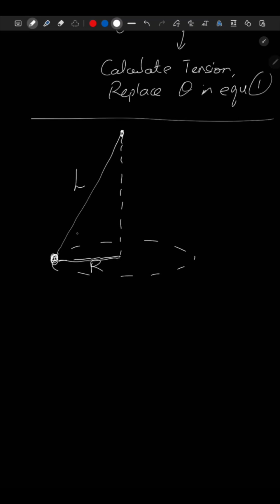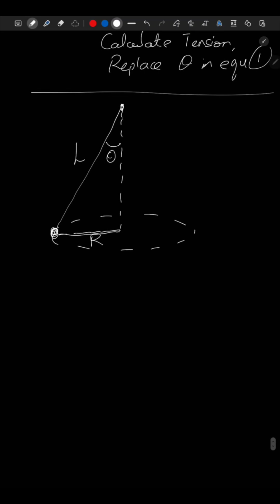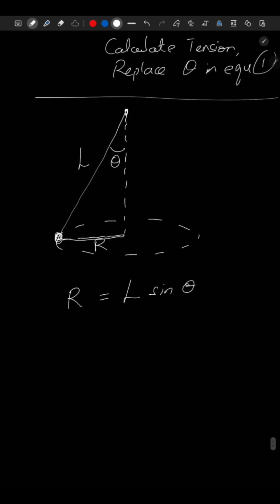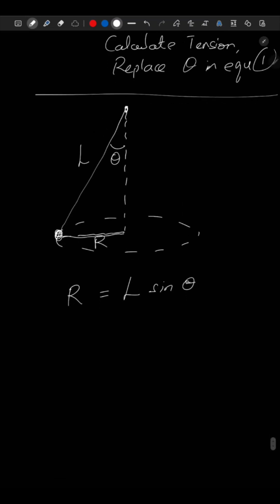Now in terms of length and the radius, if this is theta, we can come up with another equation that R, the radius, would be the length of the string times the sine of theta. Okay, so by simple geometry.